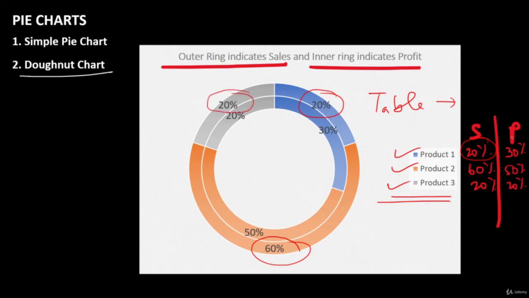Now when it comes to profit, from product 1, you have 30% of the profits. You have 50% of the profits from product 2, and you have 20% of the profits from product 3. So in this way, we have covered the important types of bar charts, line charts, and pie charts. Now let's move on and do some interesting practice problems.